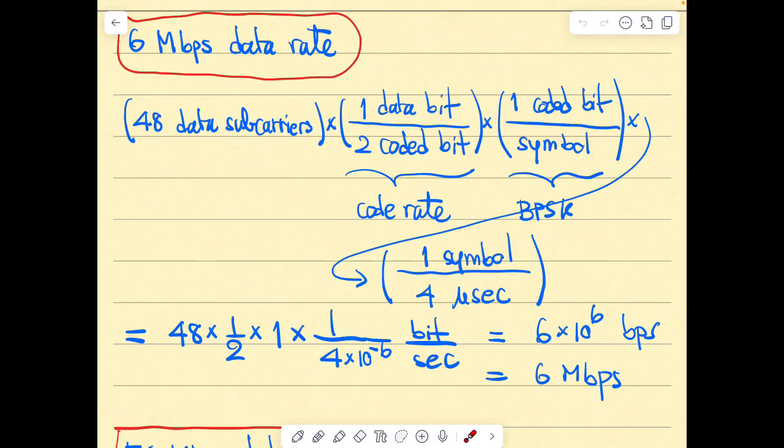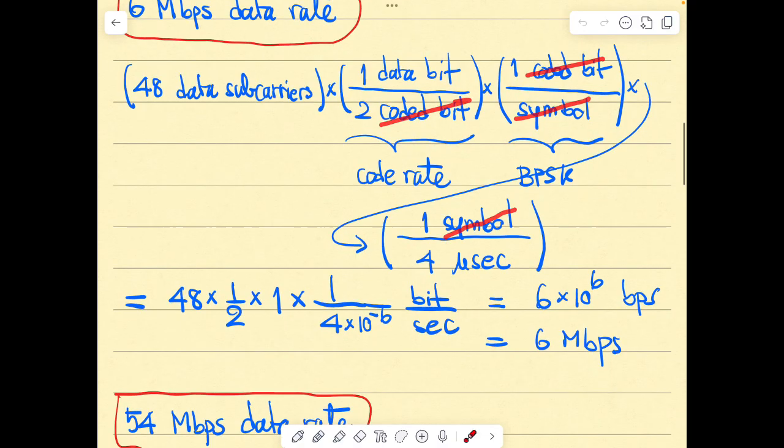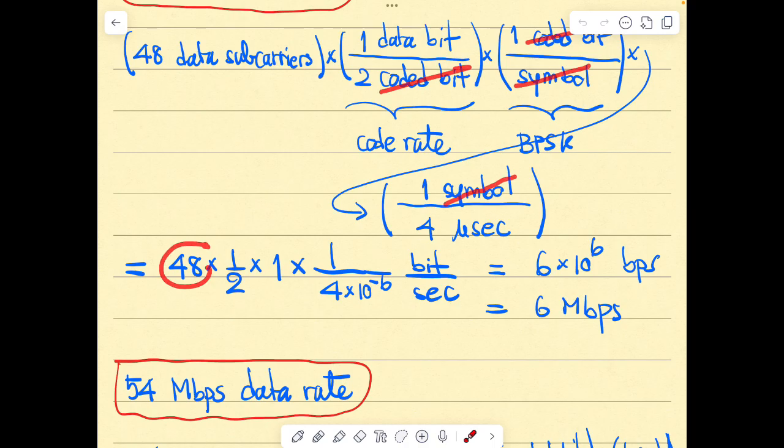Looking at it this way, coded bits cancel with coded bits, symbol cancels with symbol, and at the end we have 48 multiplied by 1/2 multiplied by 1, divided by 4 microseconds. So we get 6 million bits per second, or 6 megabits per second.